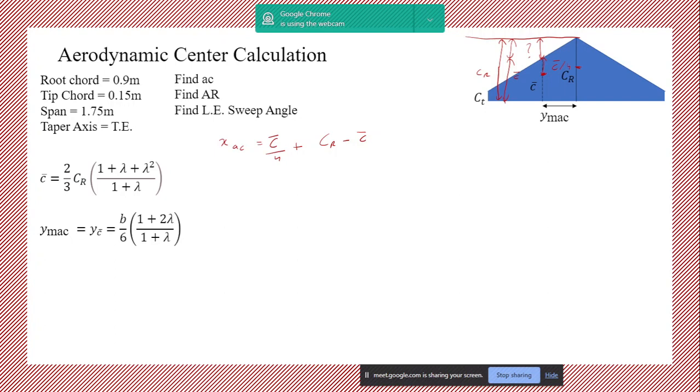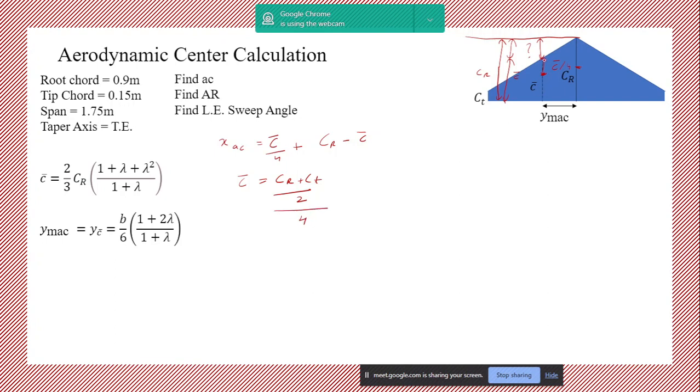Okay. Okay, yes, yes. You're right, yes. Okay, yes. Let me just tell me what will it be again. So it'll be CR by 2. This entire C bar by 4, right?